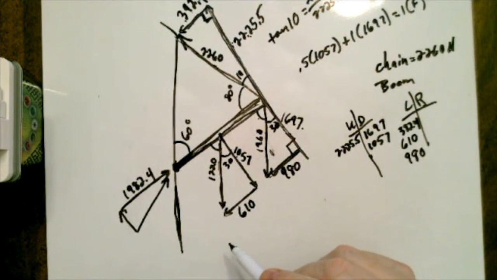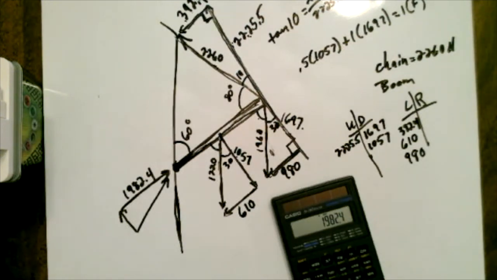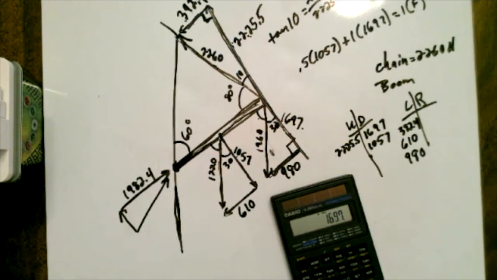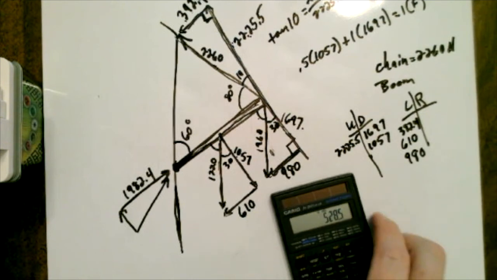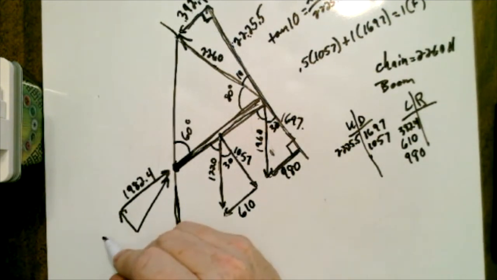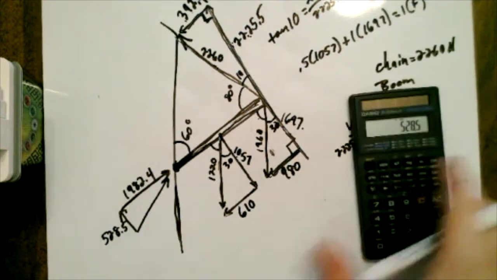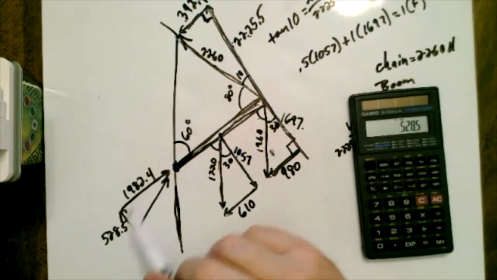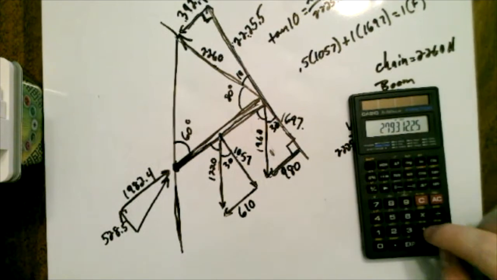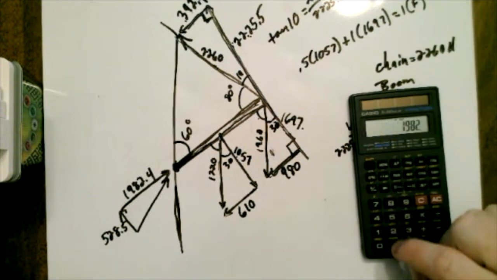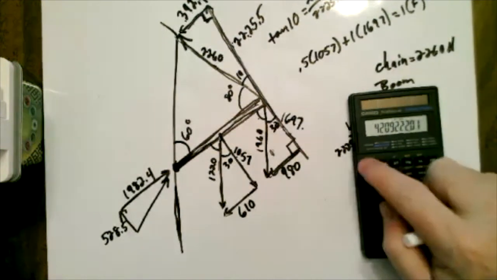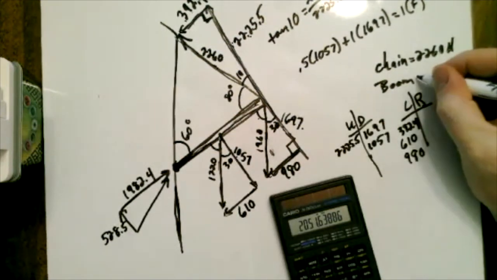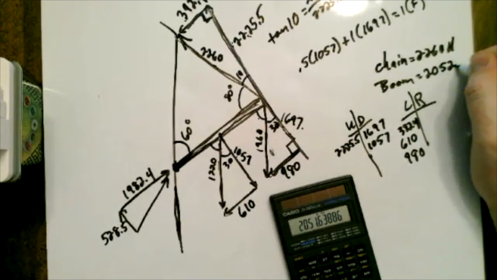Hopefully that makes sense. So my ups and downs, I have 1697 plus 1057 is my total downs, minus 2225.5, and I should have an up of 528.5. And so over here, I can do Pythagorean's theorem, 528.5 squared plus 1982.4 squared, square root, and the boom is 2052 newtons.